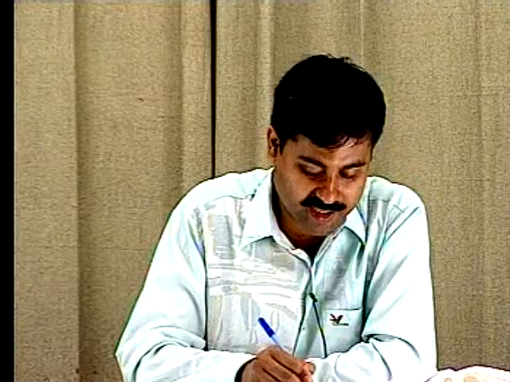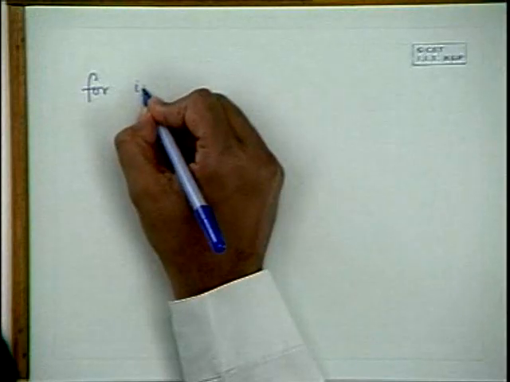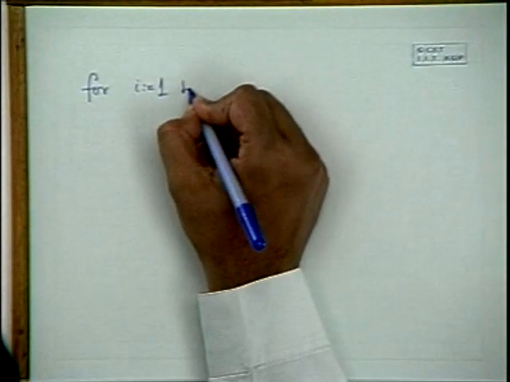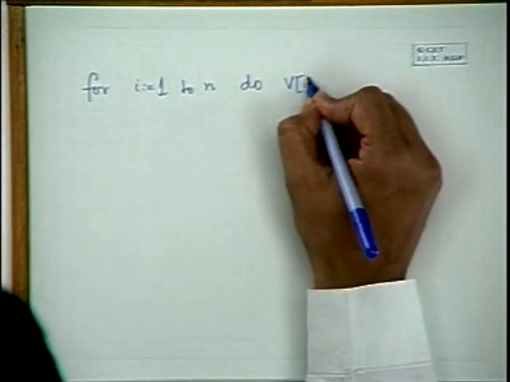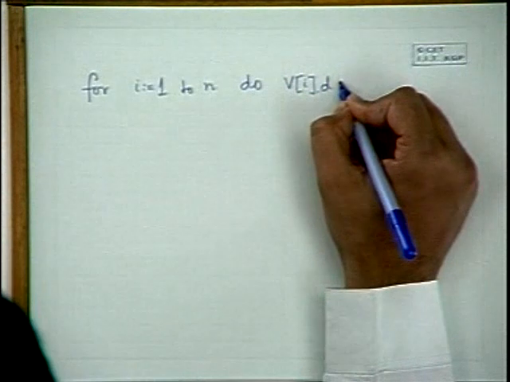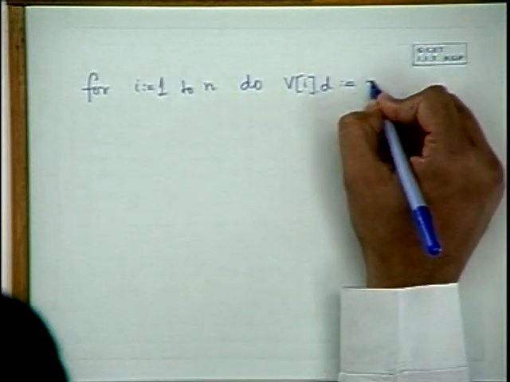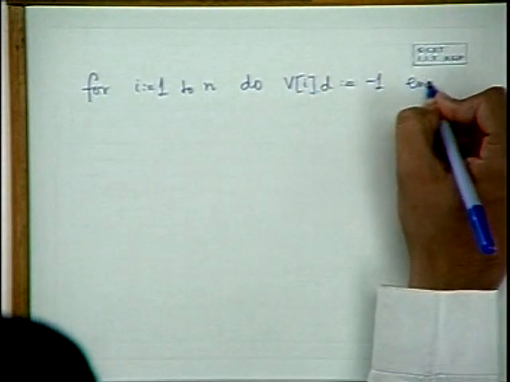The starting node will have the timestamp 0, and that's why this time we are going to initialize everything with -1. So this is the initialization. For i equal to 1 to n, do vi.d equal to -1.